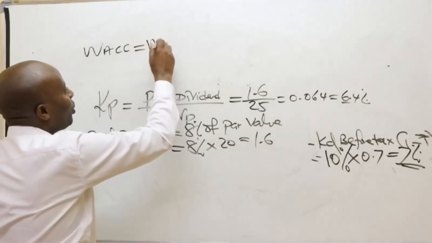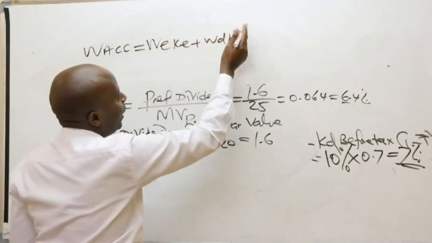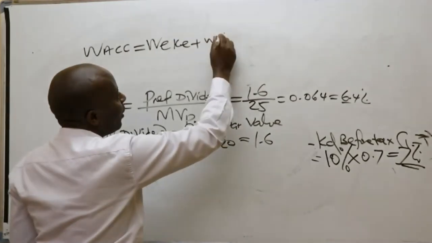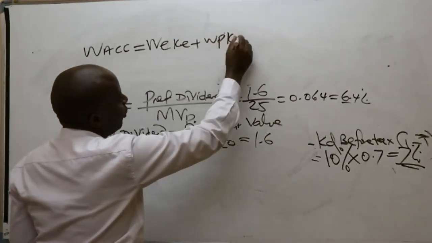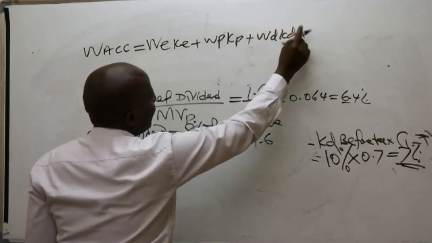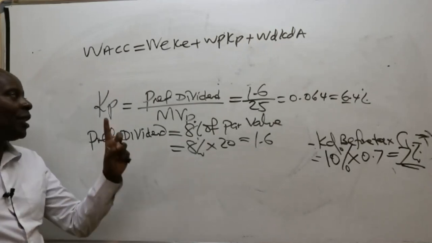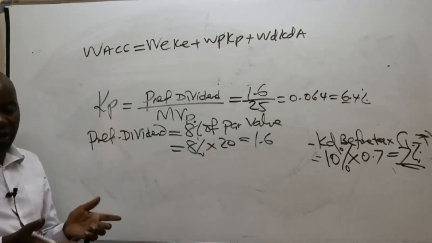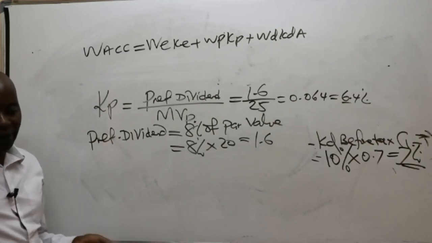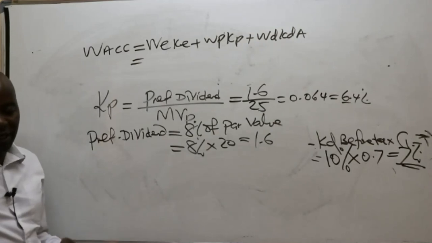WACC is weight of equity, cost of equity, plus weight of preference, cost of preference, plus weight of debt, cost of debt. And remember, this debt has to be after taxation. A means after tax. You can either write it as Kd(A) or as Kd into brackets 1 minus T.